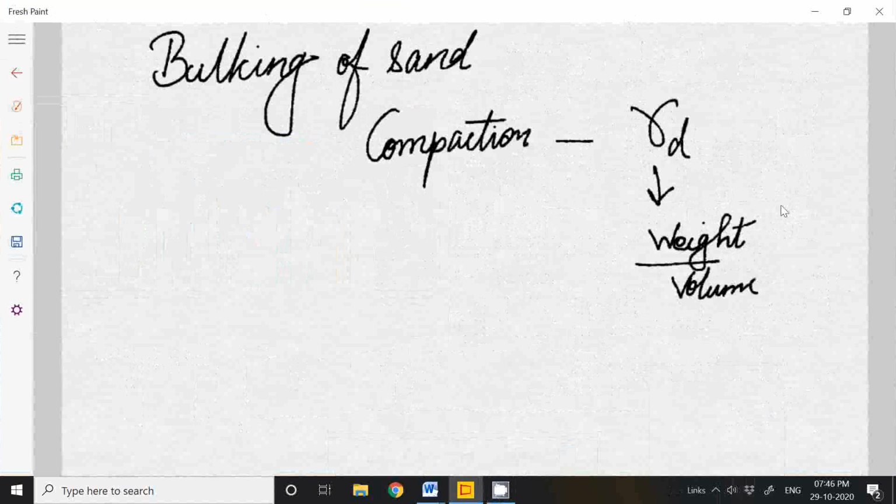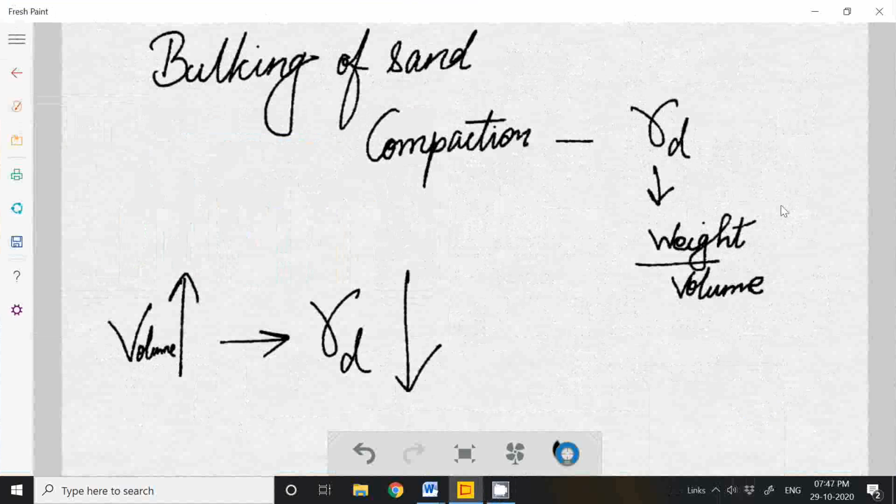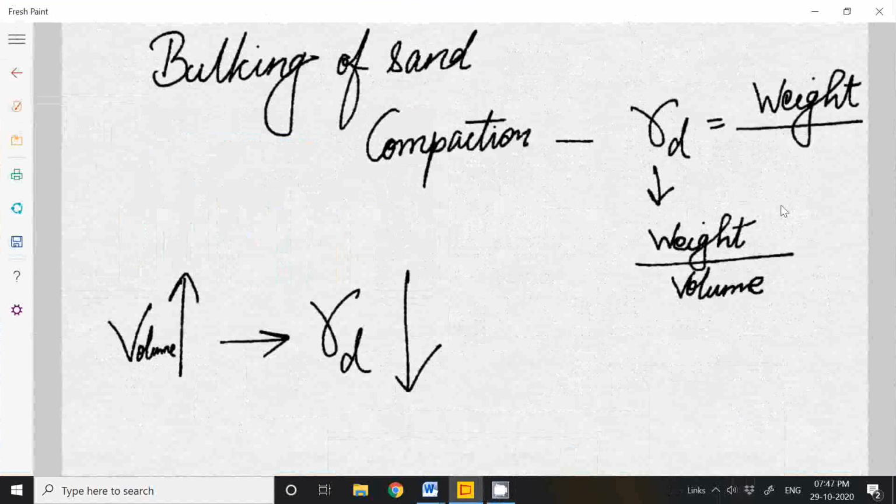When volume is increasing, the dry unit weight will decrease, because volume is in the denominator. Dry unit weight is equal to dry weight by volume.